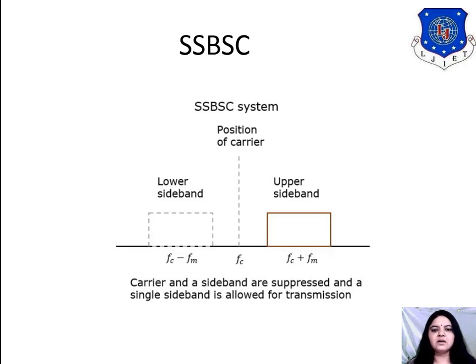In this, the lower sideband is suppressed along with the carrier, and the upper sideband, that is fc plus fm, is chosen for the transmission. So the carrier and a sideband are suppressed, and a single sideband is allowed for the transmission.